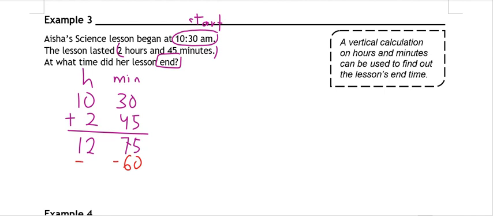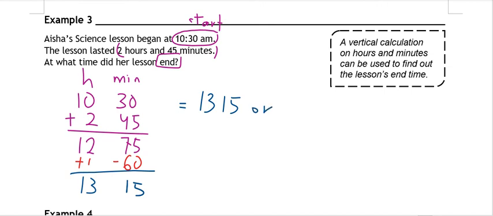So 60 minutes means 1 hour, and your answer will be 13:15. So her lesson ended at 13:15, or you can say 1:15 PM. It doesn't matter, because the question doesn't specify the format. You can choose one of them.